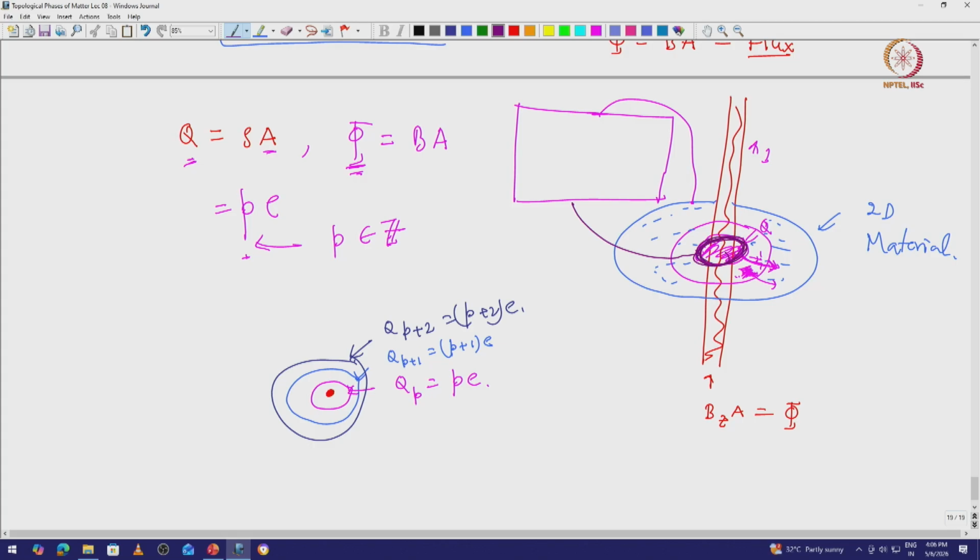This side is the inner one, this side is the outer one. Electrons are moving from inside to outside this way. So, there will be a voltage difference between this side, VH, which is this voltage difference.